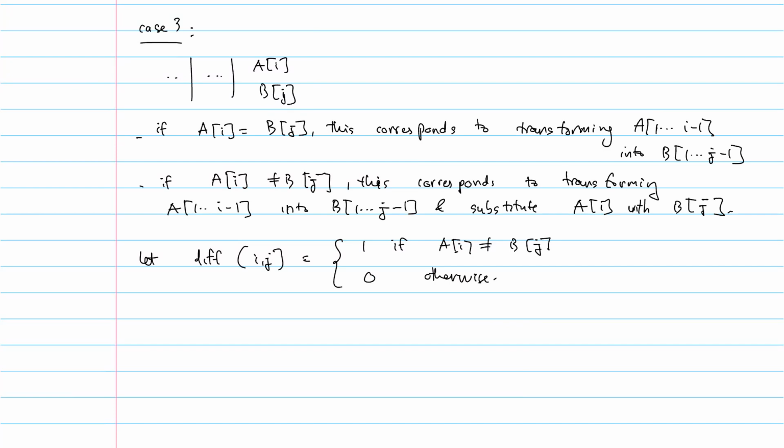So in this case, the number of edits is equal to the edit distance of the prefix A1 up to Ai minus 1 and the prefix B1 up to Bj minus 1, plus diff of i and j. So we are done with the 3 cases.